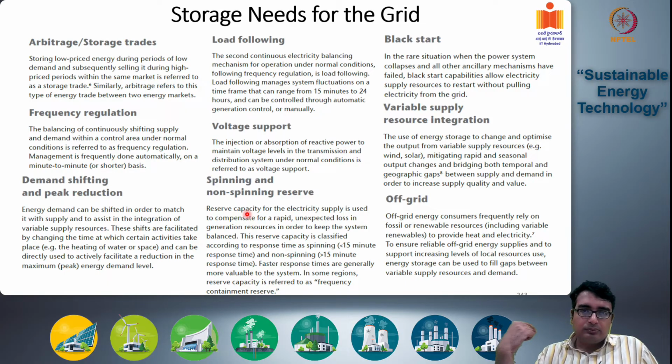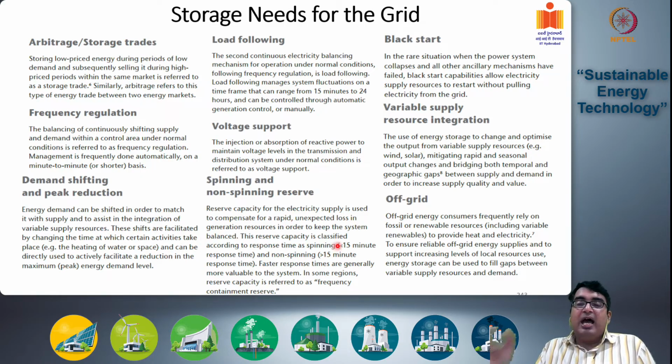Reserve capacity for electricity supply is used to compensate for a rapid unexpected loss in generation resources in order to keep the system balanced. This reserve capacity is classified according to response time, so how fast this response can happen from the reserve.